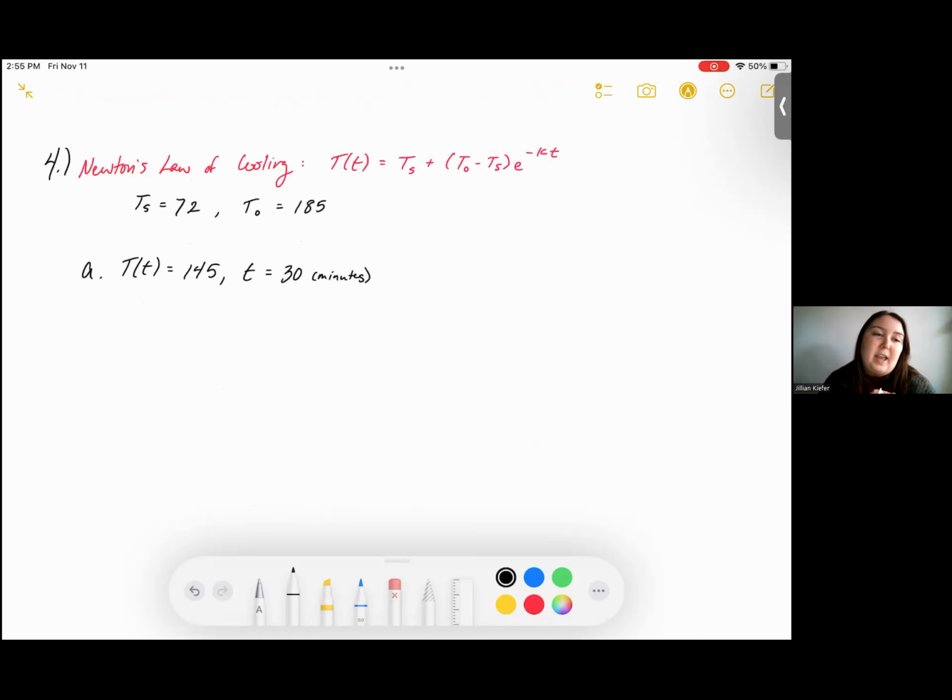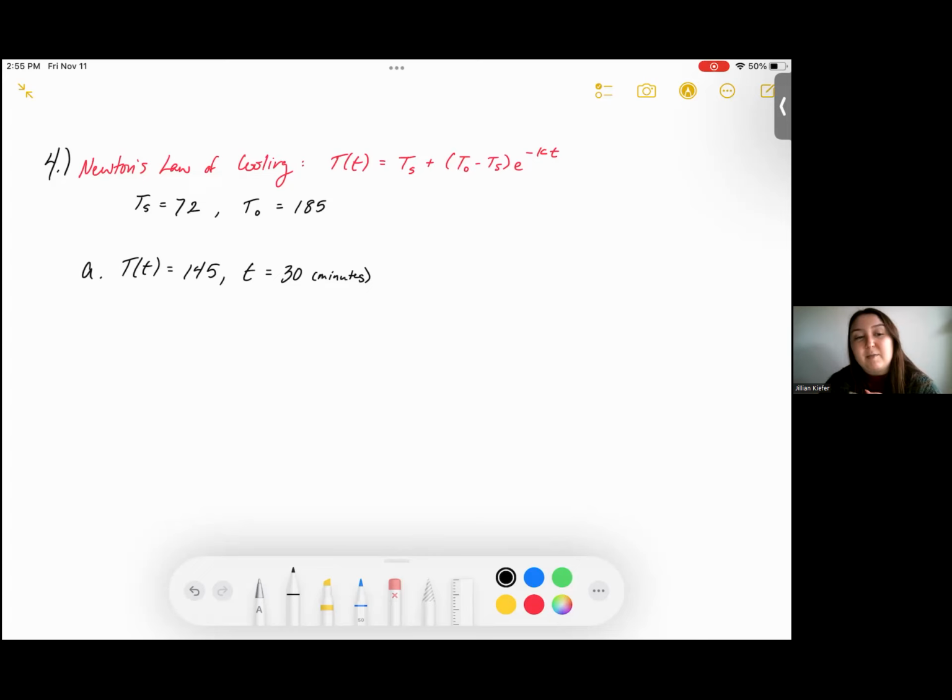All right, so for part A in this problem, we have our Newton's law of cooling equation. T of t is equal to T sub S plus T sub 0 minus T sub S times e to the power of negative kt. So we said that T sub S, the temperature of the surroundings, was 72 degrees. And T naught is the temperature of the turkey right as it comes out of the oven, which is 185 degrees. And then for part A, we said that the temperature of the turkey was 145 degrees when time was 30 minutes.